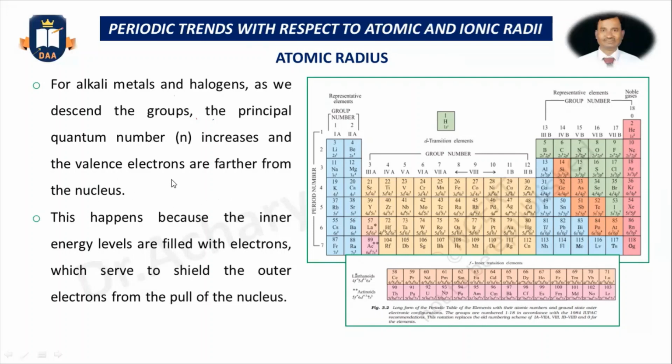That means the valence electrons are comparatively far away from the nucleus down the group, and this happens because the inner energy levels are filled with electrons which serve to shield the outer electrons from the pull of the nucleus. The shielding effect for the inner energy levels I already discussed in unit number 2.